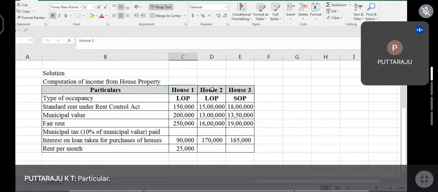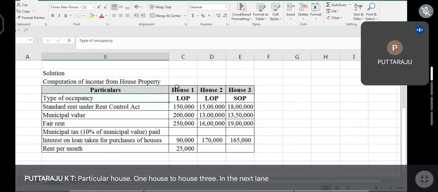Particulars, house 1, house 2, house 3. In the next line, types of tenancy, LOP, SOP and SOP. Okay.